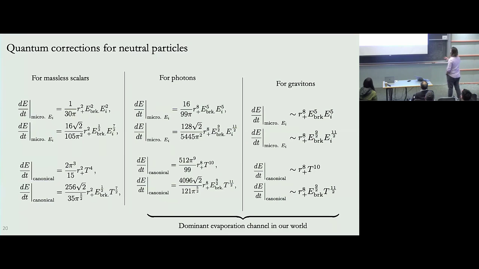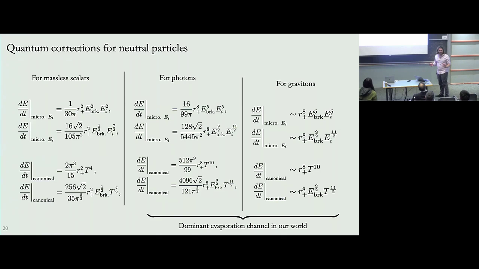So basically, the dominant evaporation channel of the black hole in our own world is a combination of the photon and graviton field. And here it's actually a bit more subtle. These are not just pure photons. They're a linear combination between electromagnetic modes and some modes of the metric. Okay, but this is the story for neutral particles.